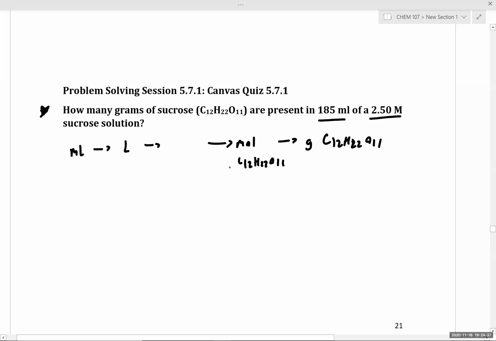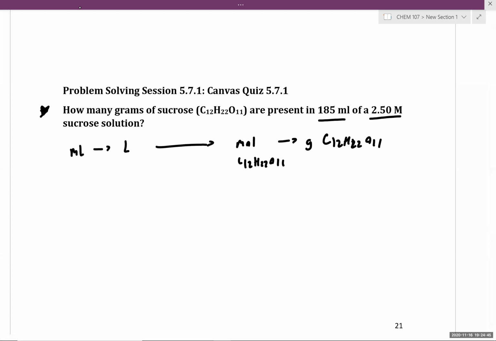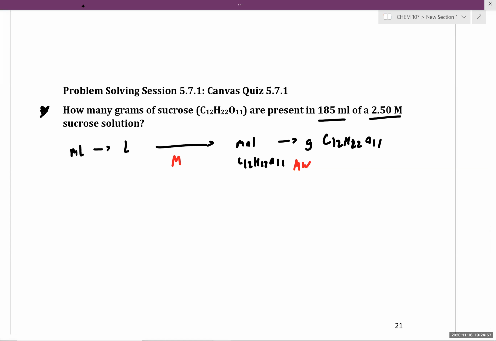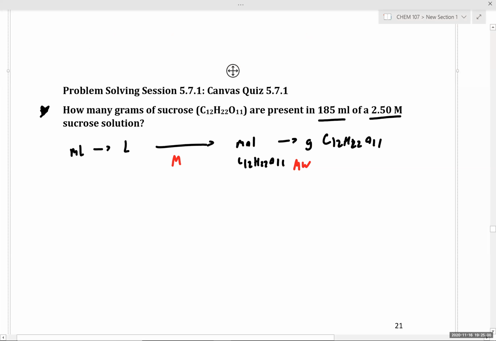And to get the moles of sucrose, we can get that using the volume and the molarity. So filling in the conversion factors that we need, we first need the molarity to go from the volume in liters to the moles of solute, and then we need our molar mass to go from the moles to the grams. Okay, so now that we have that set up, let's make these different colors so that way it's clear.